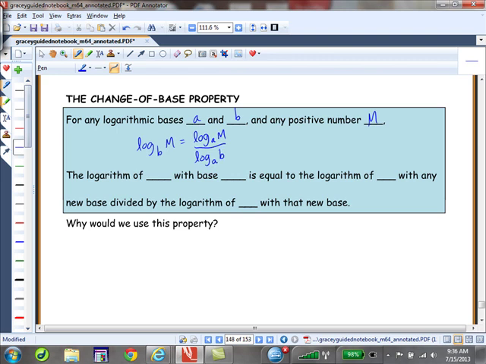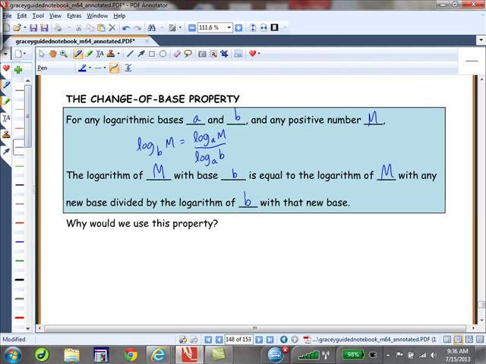So the logarithm of m with base b is equal to the logarithm of m with any new base divided by the logarithm of b with that new base.